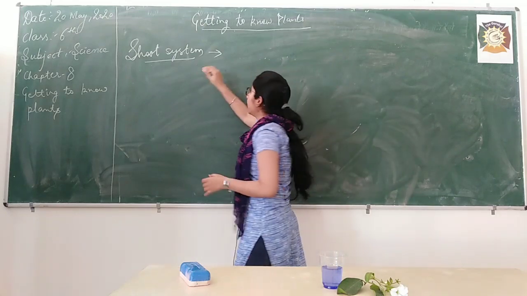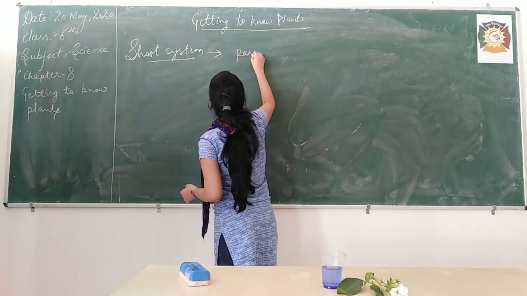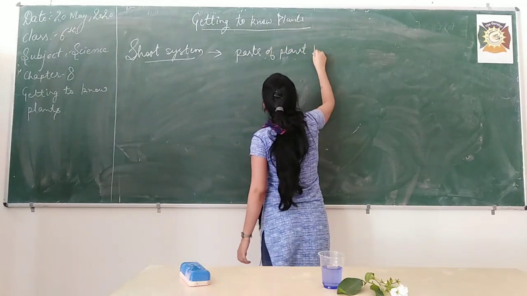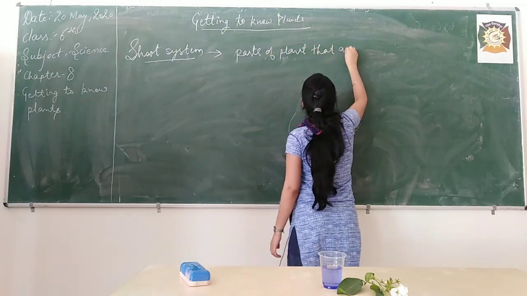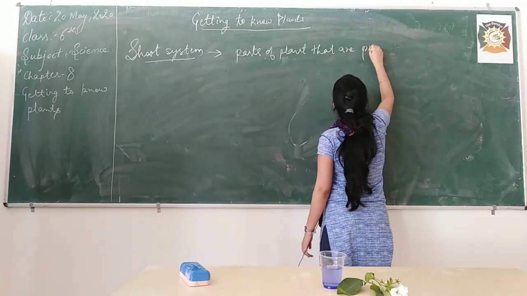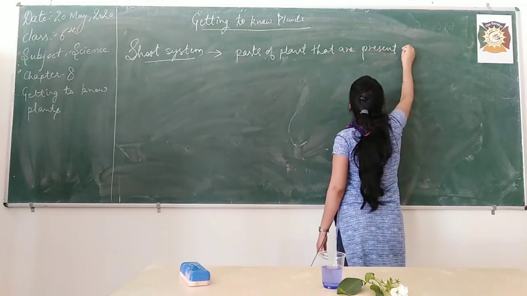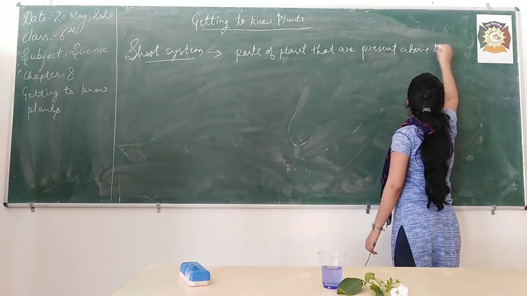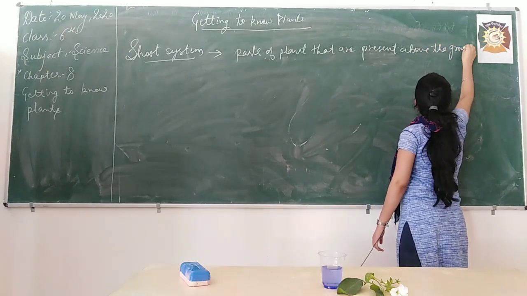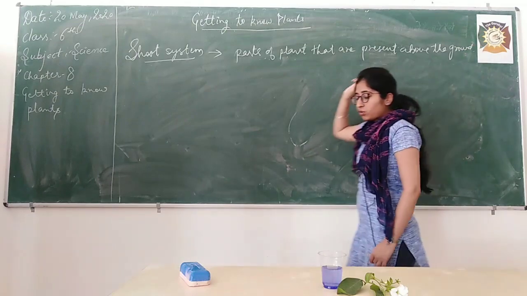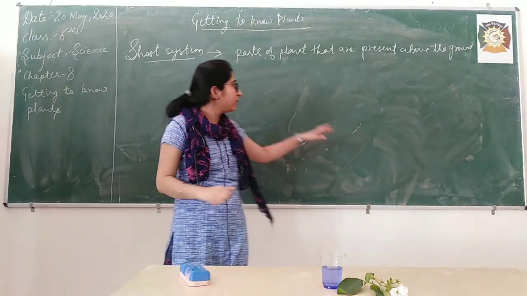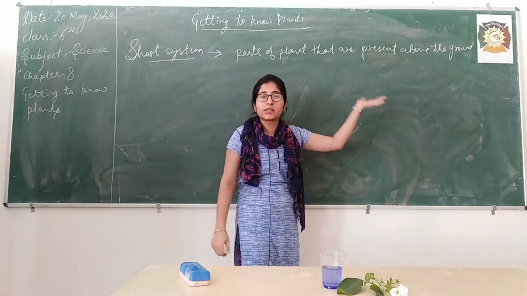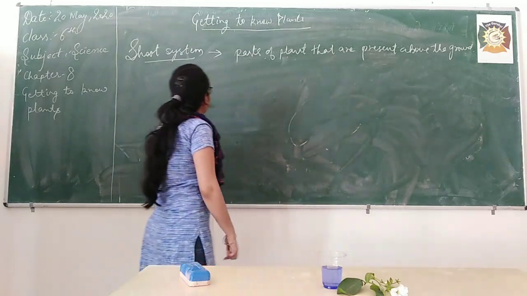So shoot system means parts of the plant that are present above the ground. I also drew a diagram in the last class where I showed the shoot system and the root system separately.